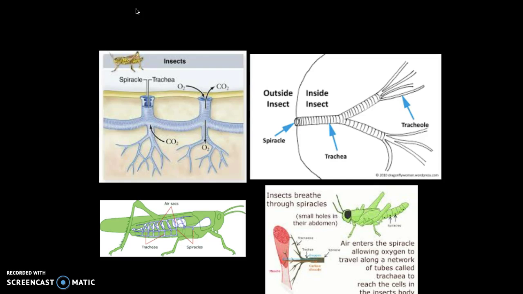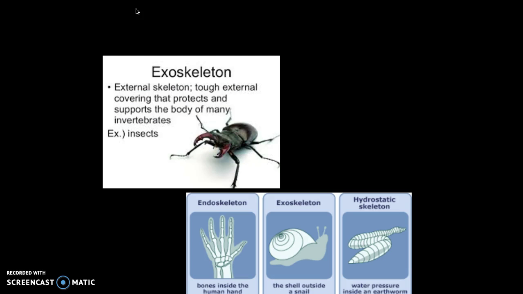They are found on the insect's or spider's exoskeleton. And at the top picture, you could see that exoskeleton, and the definition, basically, is a tough external covering that protects and supports the soft tissues of the body of many invertebrates, and the examples are insects.